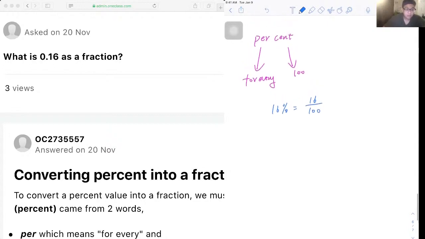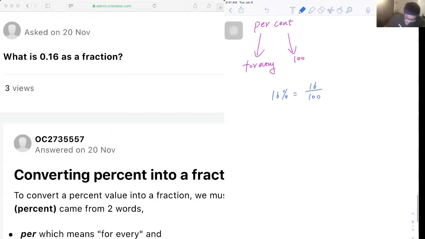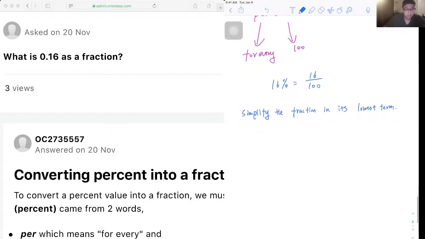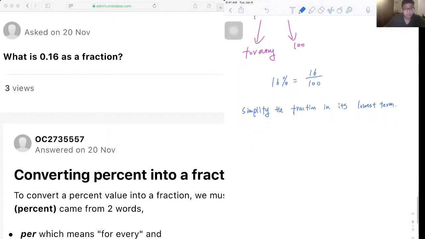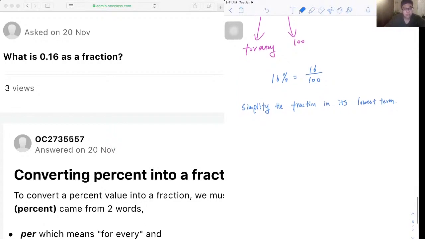We need to simplify the fraction in its lowest term. To reduce a fraction to its lowest form, we express the numerator and denominator as a product of its prime factors.